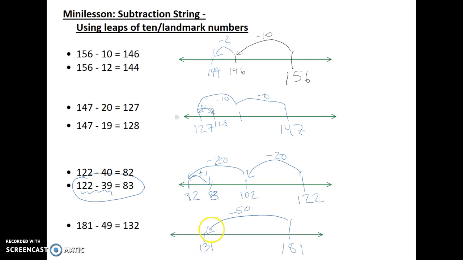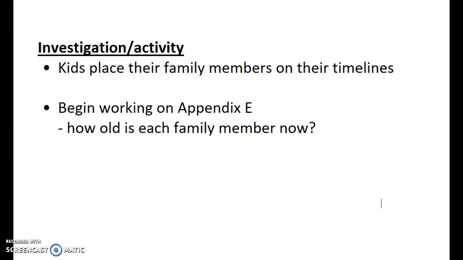So minus 49 should just be 132. And if you can get some of your kids thinking in that strategy and doing this problem mentally by making that connection using that landmark of 50, then you are an awesome second grade math teacher. So that was the hard part of today.